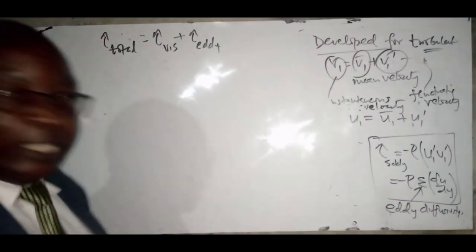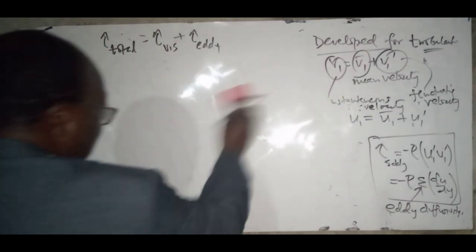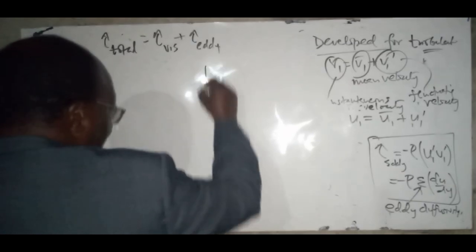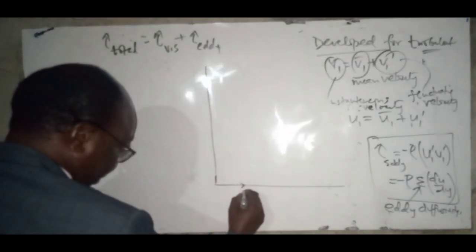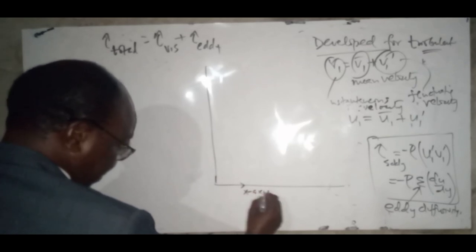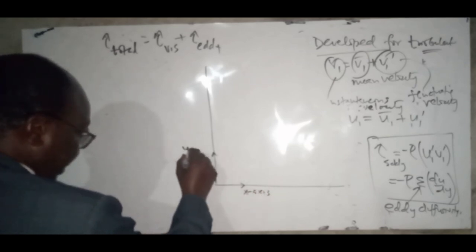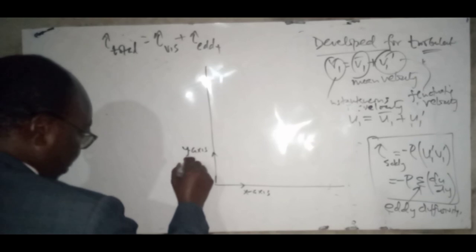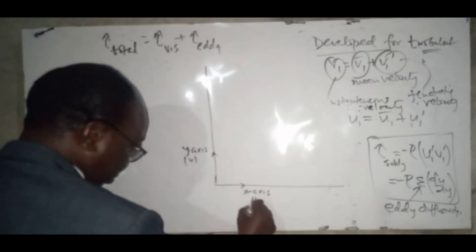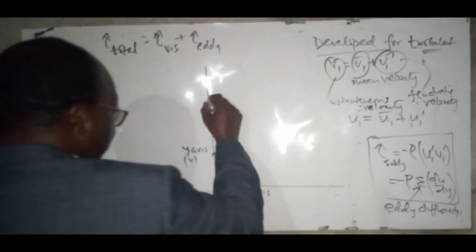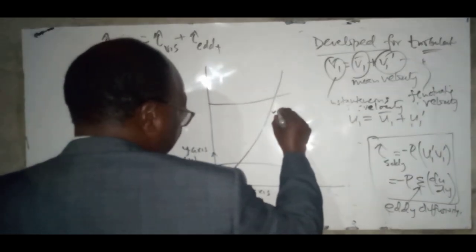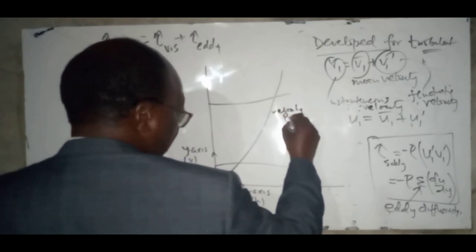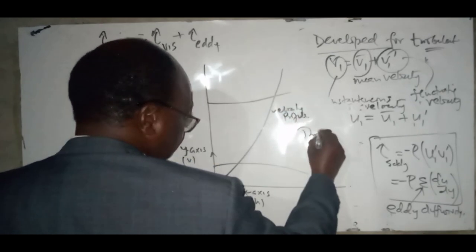So, what is our model? So we have to redraw our system again. So we say that was X axis, this was Y axis. Of course, this corresponds to V, this corresponds to U, and we had a velocity profile, turbulent region.